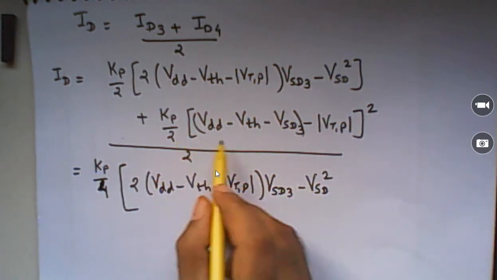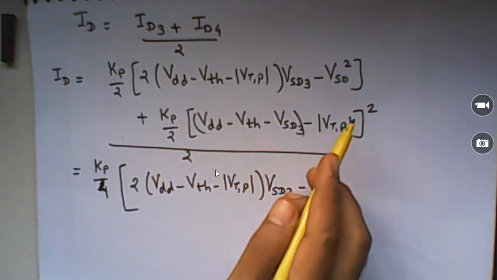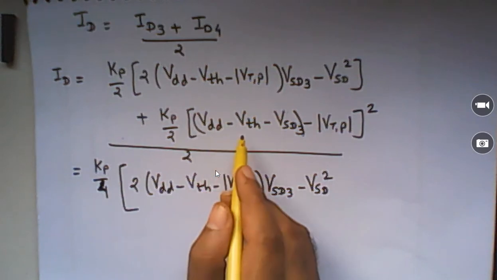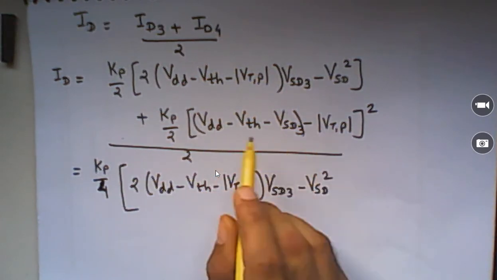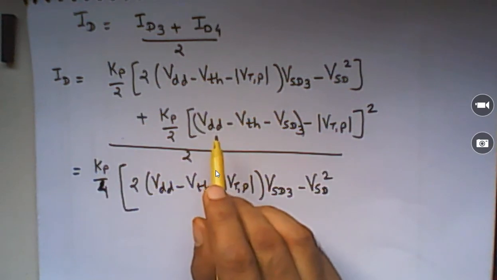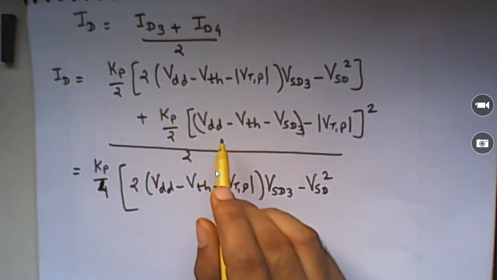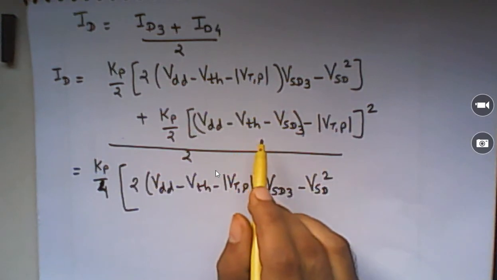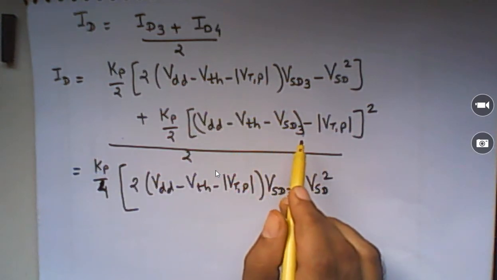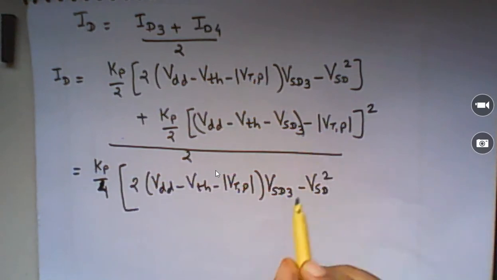And from this, it is like a minus b squared, where a is VDD minus VTH minus VSD, and let's consider b as VTP. So how can we expand a minus b squared? It is a squared minus 2ab plus b squared.